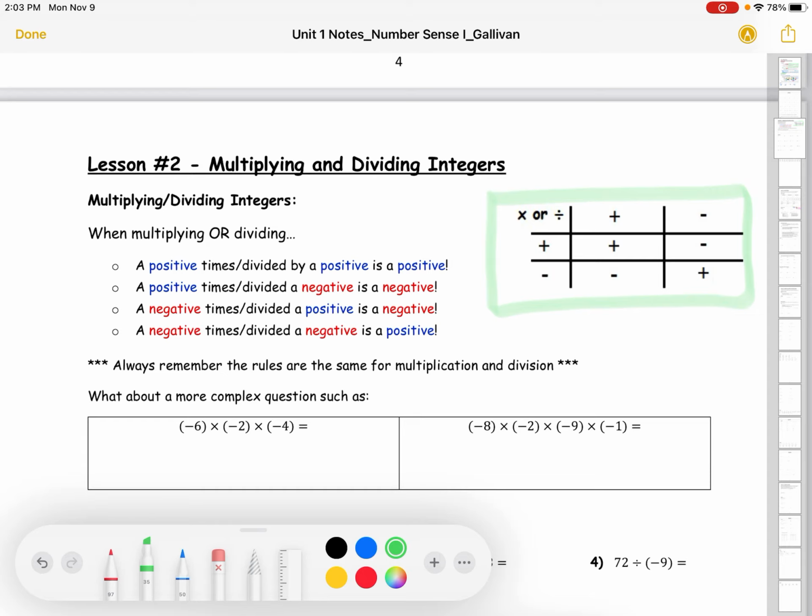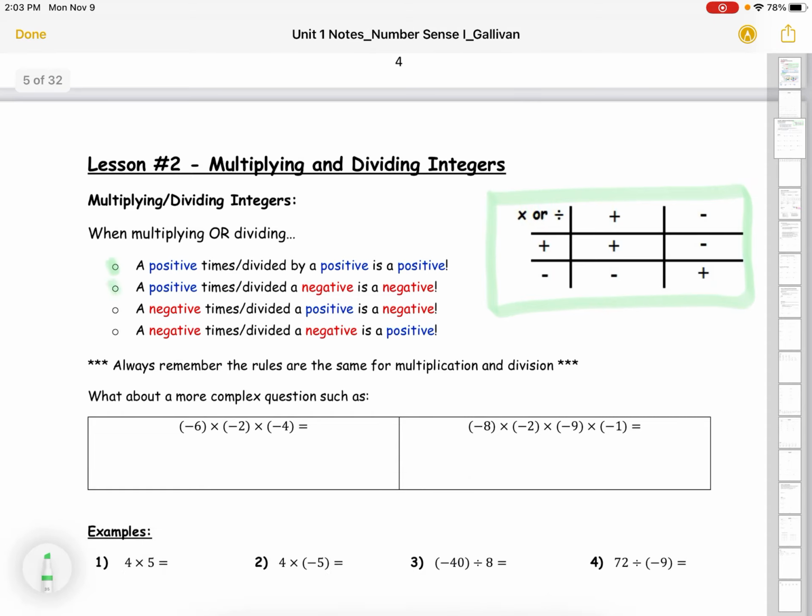So, when you are multiplying or dividing, a positive times a positive is a positive. A positive times a negative is a negative. A negative times or divided by a positive is a negative, and a negative times or divided by a negative is a positive.